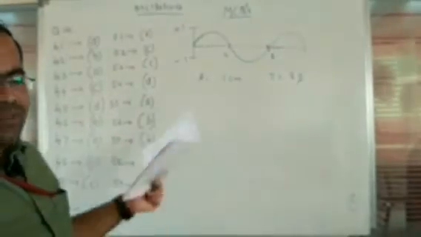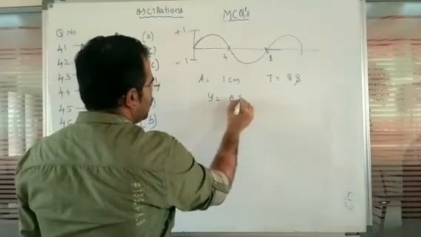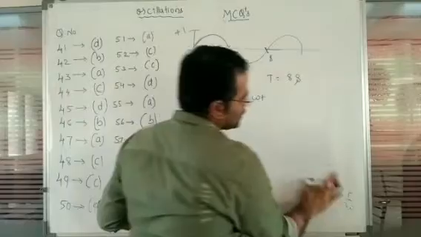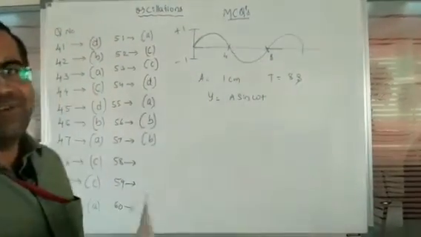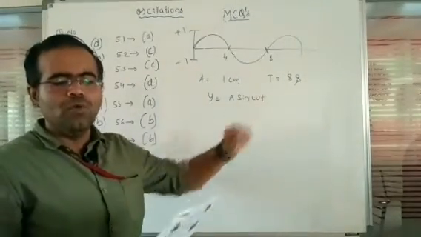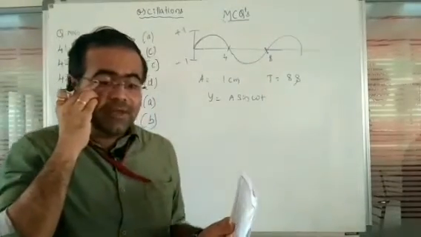Now, if we have the equation, there we are going to observe y is equal to A sine of omega t. Second, oscillations you are going to observe along the vertical component. So when we have the options, y is equal to A sine of omega t. In that one, again you are going to observe further simplification.